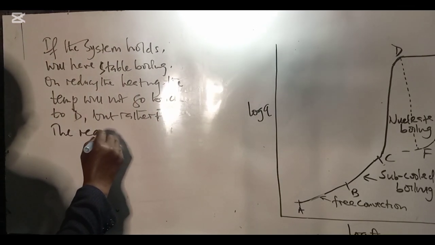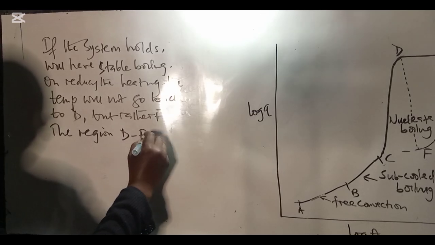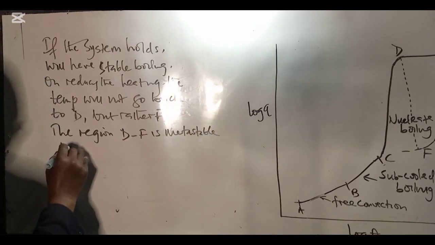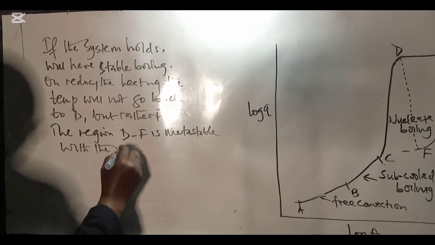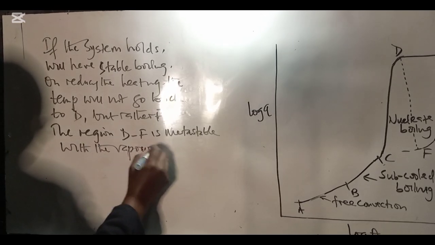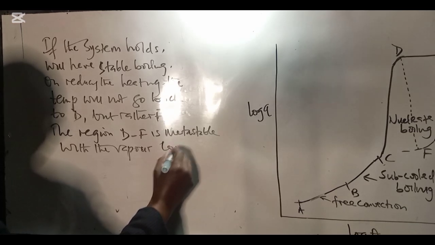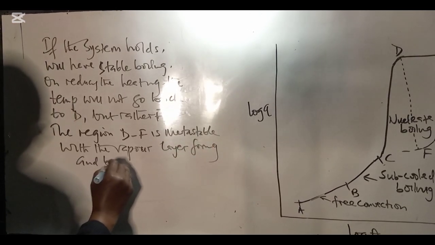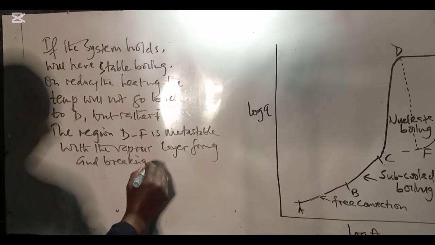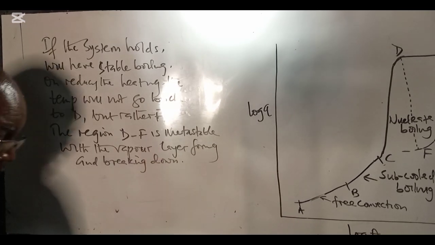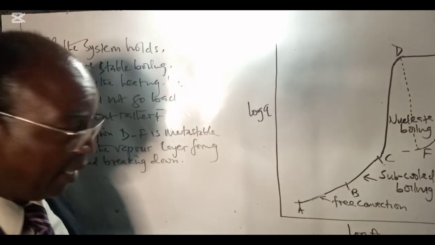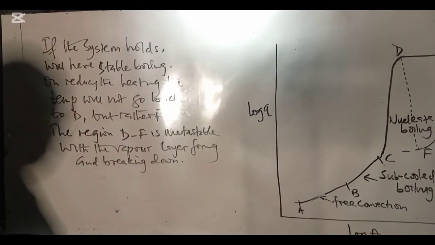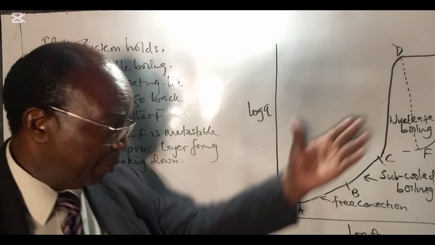The region DF is metastable, with the vapor layer forming and breaking down. It's a non-linear behavior.